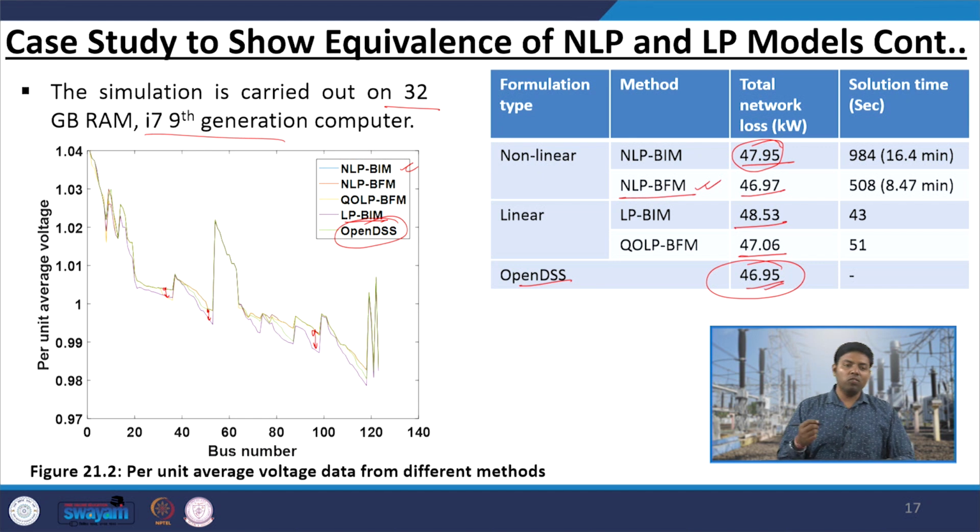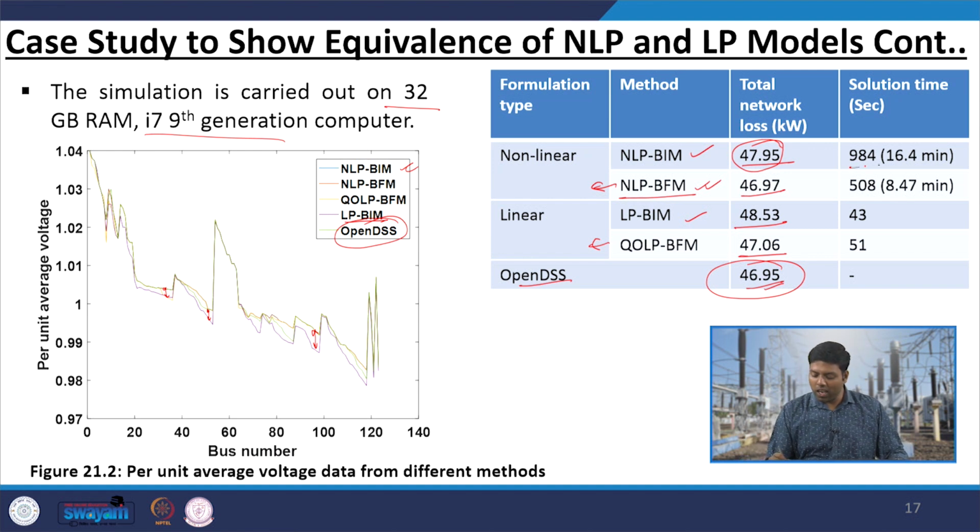So, whenever we solve for the radial distribution network, we always choose between NLP-BFM or QOLP-BFM. The BIM solutions are not that accurate for the radial distribution network, that we have discussed previously theoretically, and now we have seen it practically.